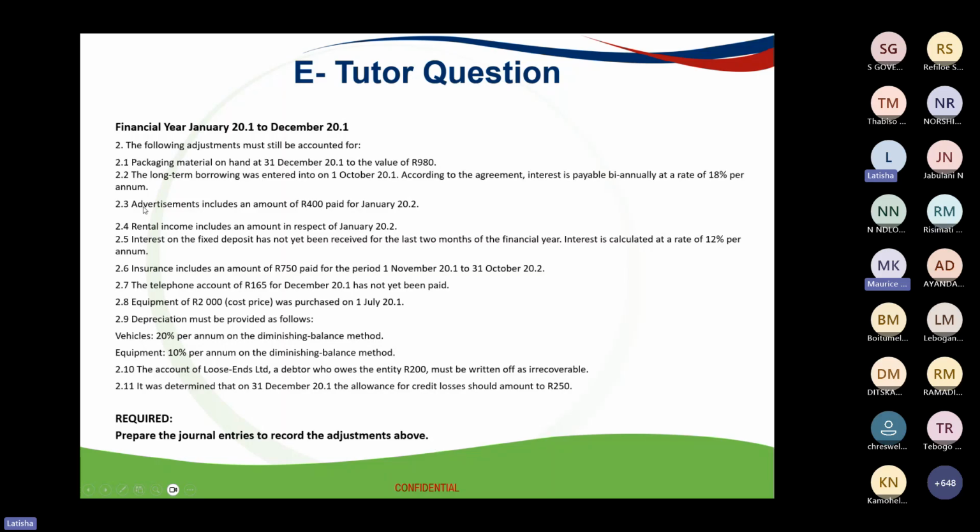So essentially, we're going to go through each of these and then decide how to record them, what is the debits and what is the credits based on what type of adjustment. So just to remind you guys, the types of adjustment is what Maurice started off with, explaining to you guys. So we'll go through each one, identify what is the type, and then determine what is the journal entry and how do we calculate the amount.